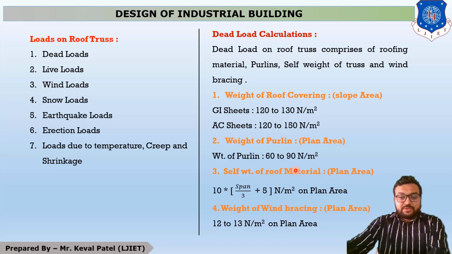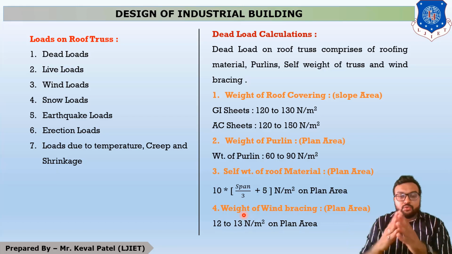This equation is given in IS 875 part 1: 10 into span by 3, that is L by 3, plus 5 Newton per meter square per plan area. And at last, it is wind bracing. The wind bracing weight is in the range of 12 to 13 Newton per meter square whenever it is not given. So these four are the dead loads whenever we have to design for an industrial building.